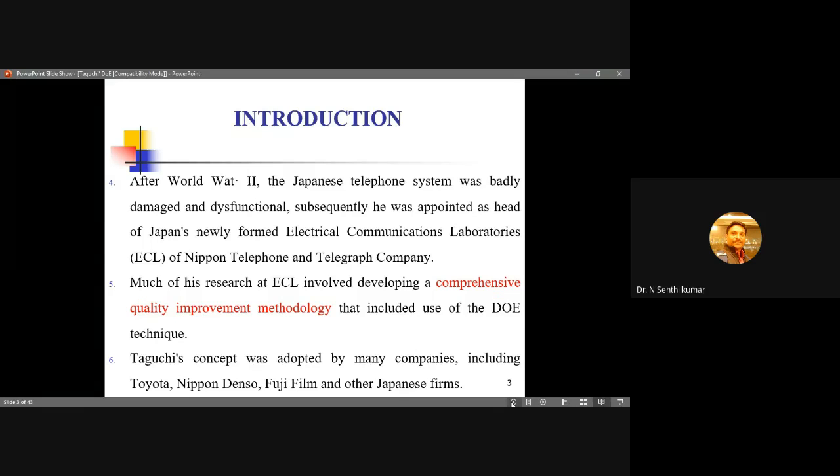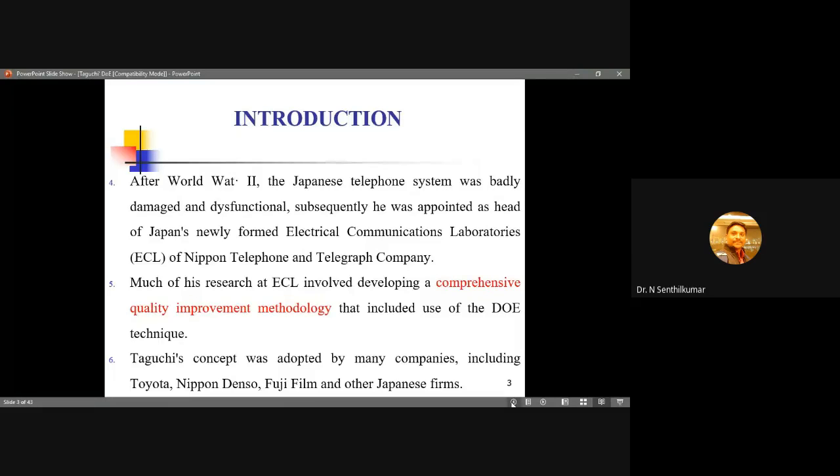We will stop at 3 or 4 parameters, or at most 6 parameters, but in company sites they use more than 30 parameters for quality improvement. What I am telling is a small example. Not only in one field, in most fields, they use Taguchi's technique for optimization.